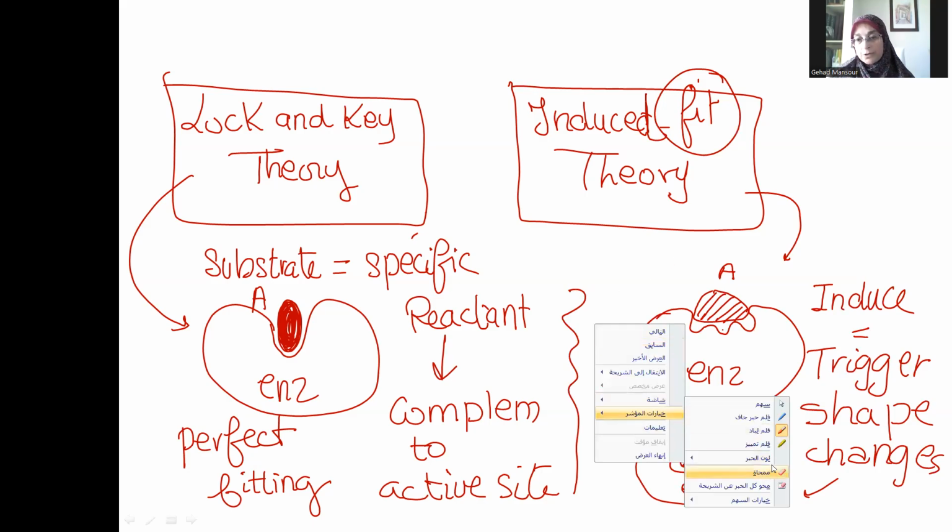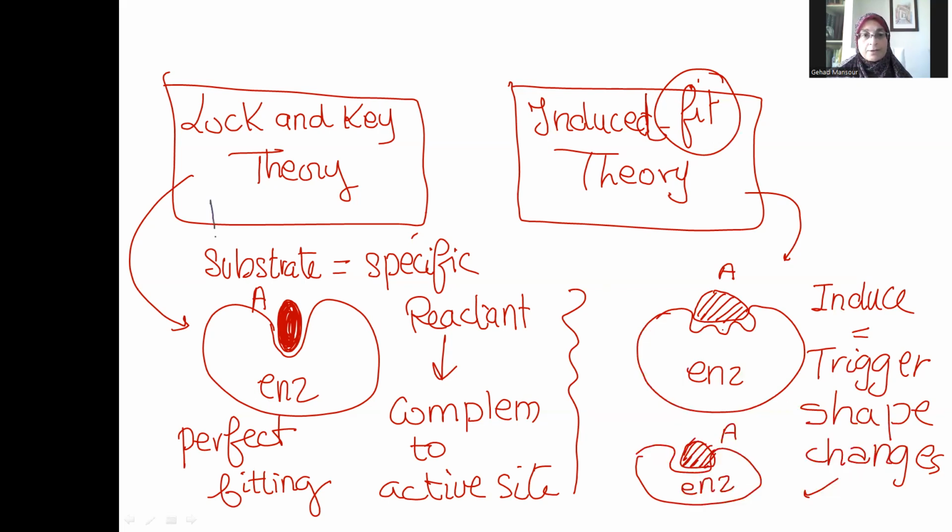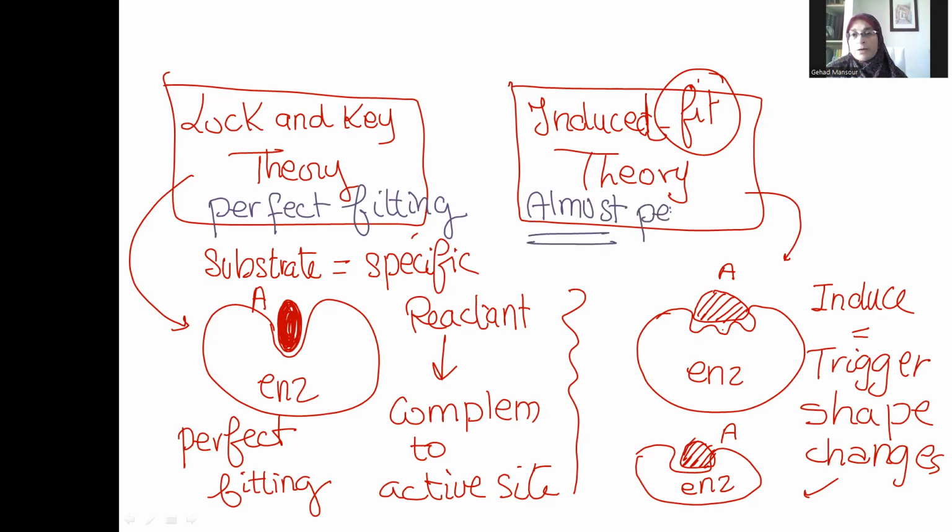The lock and key theory assumes perfect fitting. This is the first difference, but the induced fit theory assumes an almost perfect fitting. So it's only a word that makes the difference, an almost perfect fitting.